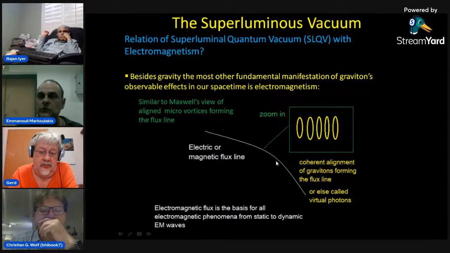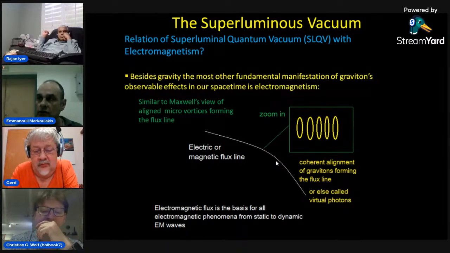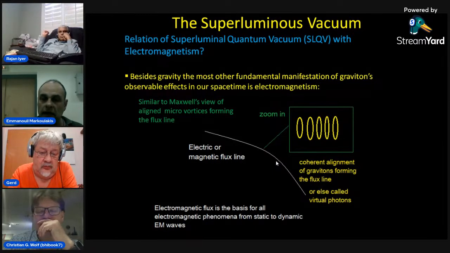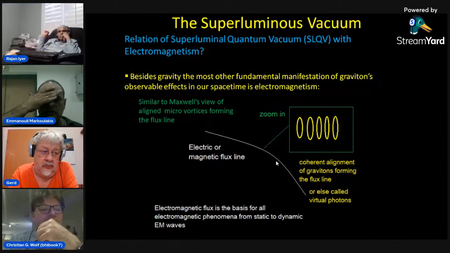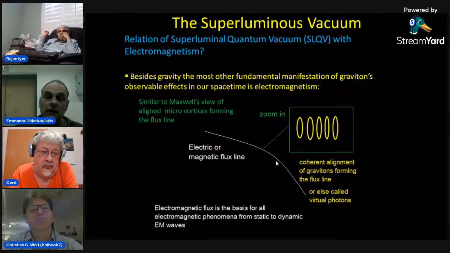And the difference between an electric flux line and a magnetic flux line is only the divergence or the curl. Magnetic flux lines have, according to Maxwell, divergence of 0, and electric flux lines have a non-zero divergence. That's the only difference.